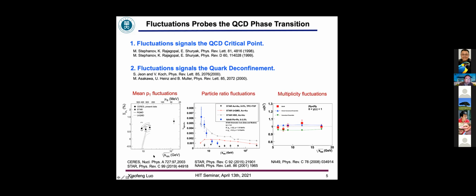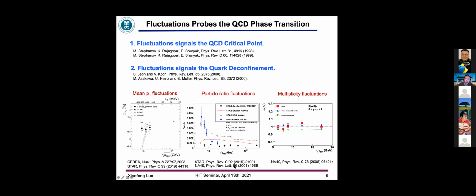Historically there have been mean pT fluctuation measurements, particle ratios, and multiplicity fluctuations from various experiments, SPS, STAR, NA49, but basically they all see some monotonic energy dependence trend. That was kind of frustrating at that time, because many observables showed zero signal.